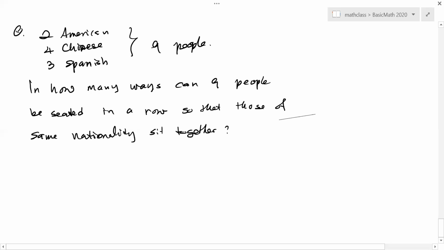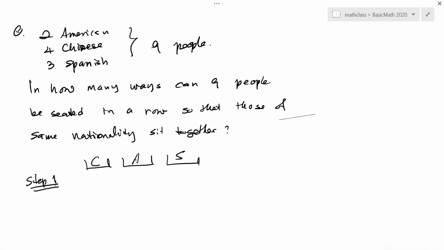So the way we design it, let me give you a hint. You have to put them in groups. Step 1: choose a group. C means the group of Chinese, A means the group of Americans, and S the Spanish. First you arrange those groups: maybe Chinese first, American second, Spanish third, or Spanish first, Chinese second.